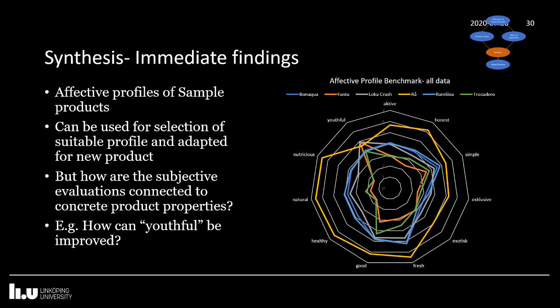You would probably get a very different point of view if you asked other people not belonging to this domain. But remember, the people who rated these were active, sporty people. And those people were probably not preferring Trocadero and Fanta, but something like water.